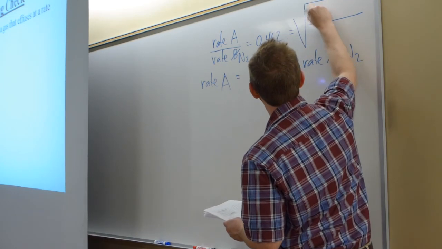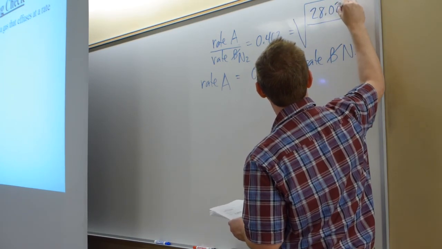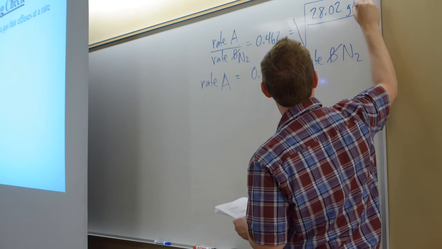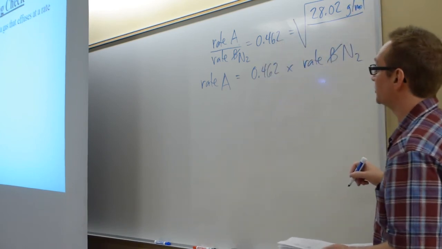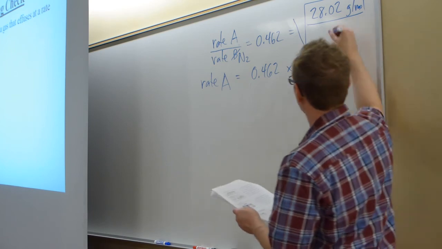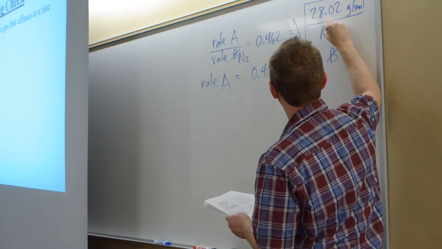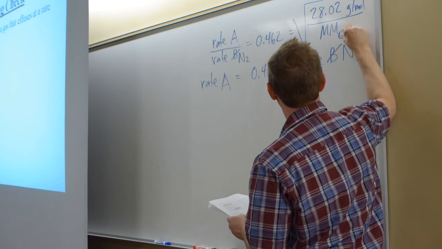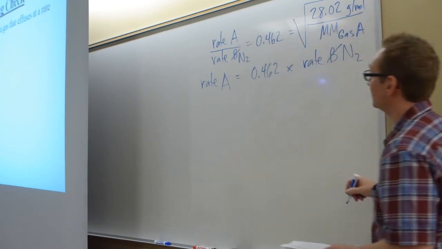So it's 28.02 grams per mole for the molar mass of nitrogen. And now we have to find out what is the molar mass of gas A.